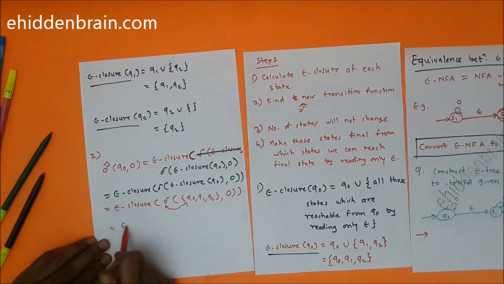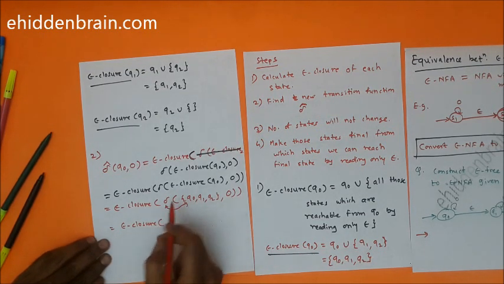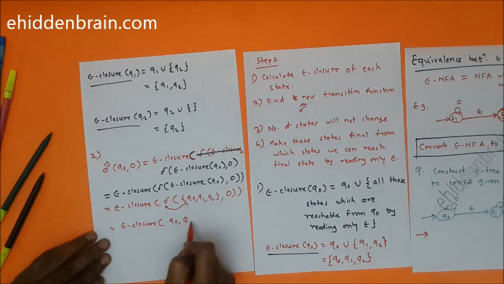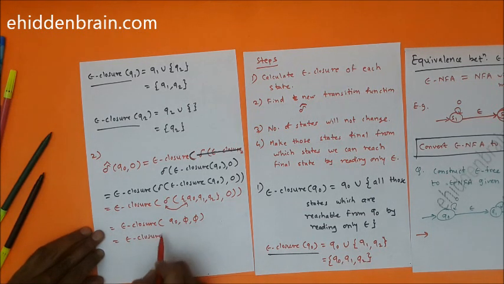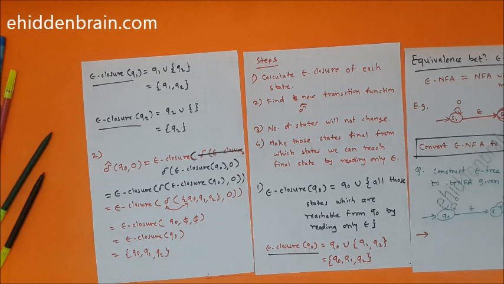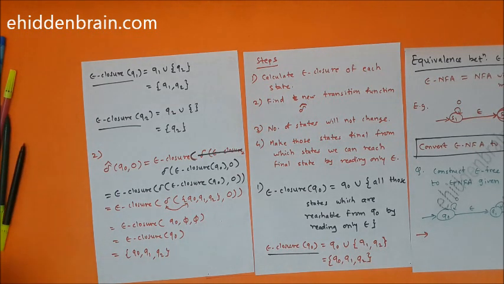So what you get finally is the epsilon closure of Q0, phi and phi. Actually speaking, it is equal to the epsilon closure of Q0. What is the epsilon closure of Q0 again? That is Q0, Q1, Q2. That way you should be able to find the new transition functions of each state on each alphabet.